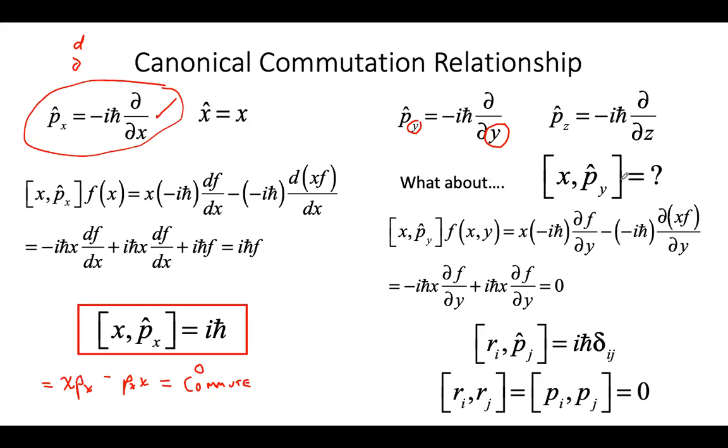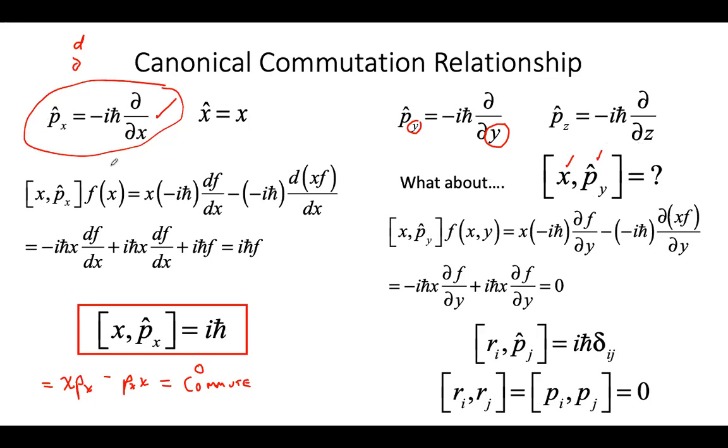And so the question you might ask is, does the x operator commute with the y momentum operator? Or does the y position commute with the momentum in the x direction? Or take the z, does the z position commute with the x momentum operator, for example?